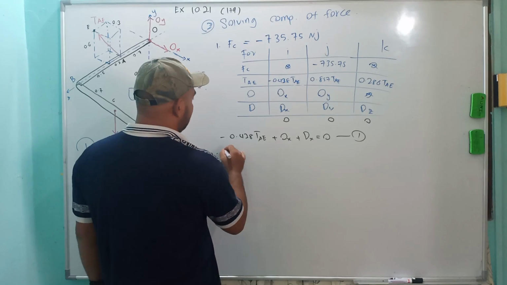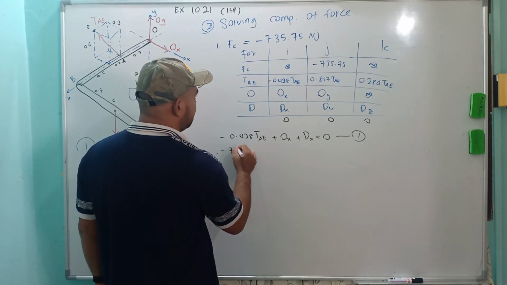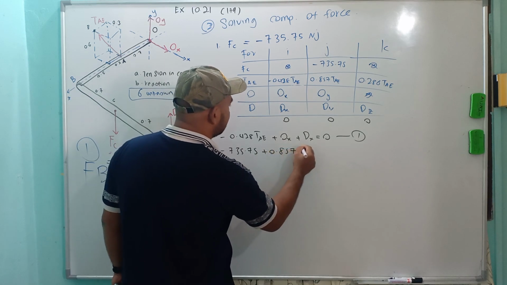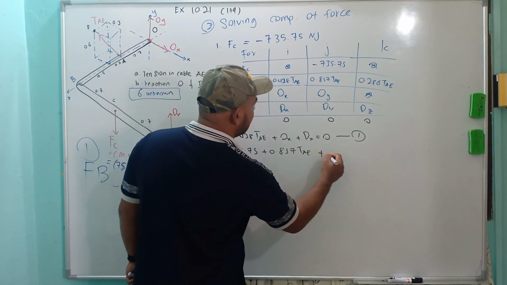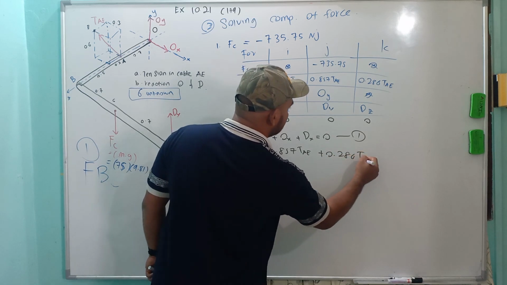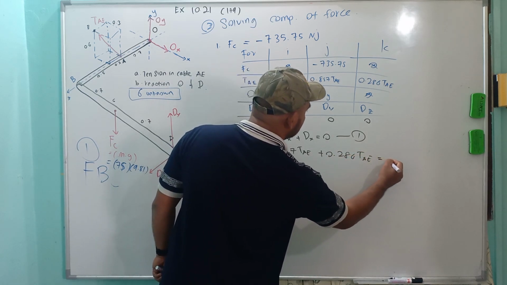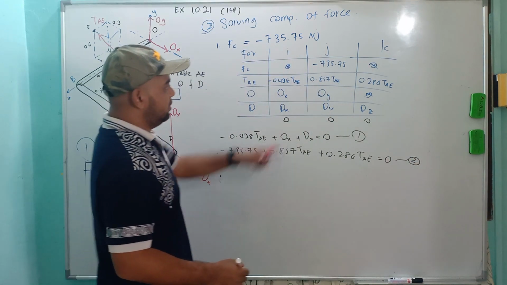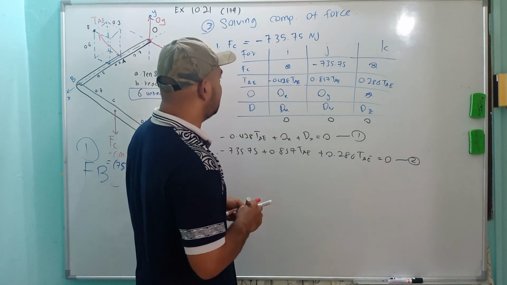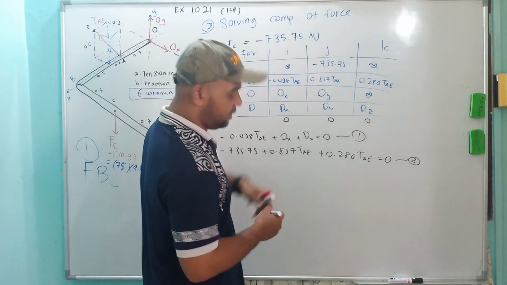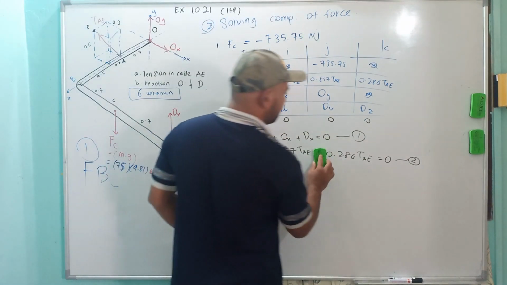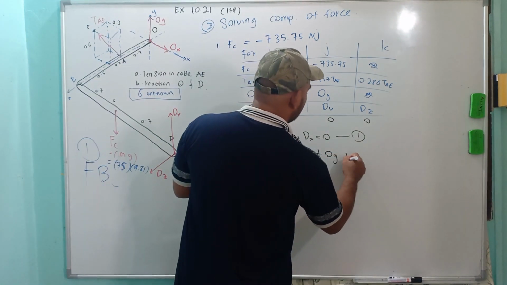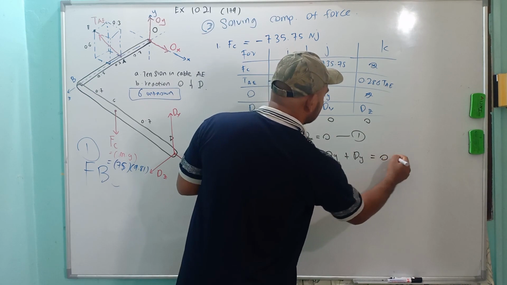Going to the second one, minus 735.75 plus 0.857 TAE plus OY plus DY equal to 0.